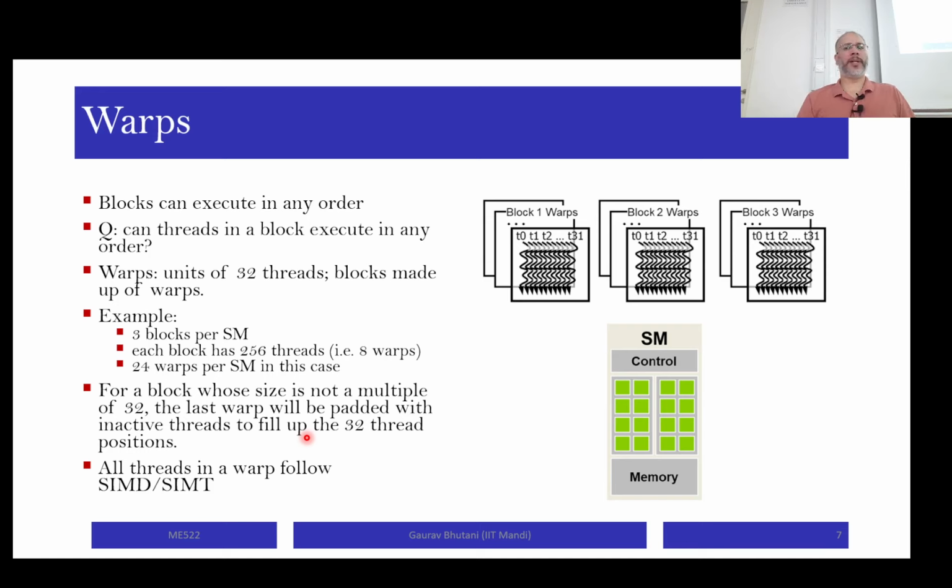But what is the idea of a warp? The idea of a warp is this single instruction multiple data, SIMD, like you have in a CPU architecture, although we didn't talk much about it, but you have vectorized operations. So everything happens in one go.